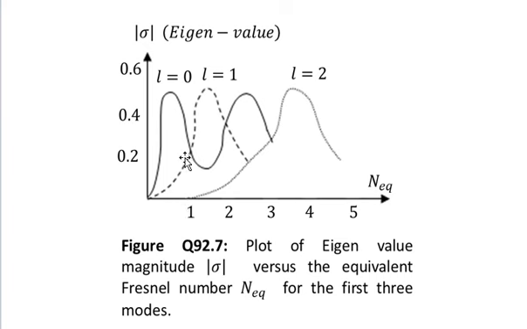Beyond the value of 0.5, the values of the L is equal to 0 mode will keep on decreasing, whereas the second mode will keep on increasing. In this way, by choosing the appropriate value of NEQ, you can make some of the modes decrease in magnitude, whereas some of the desired modes can be chosen to increase in strength.